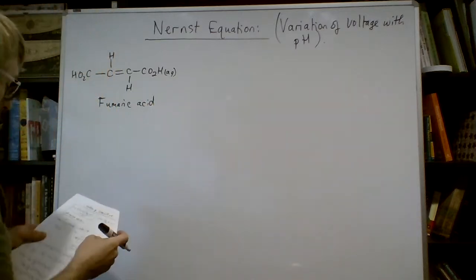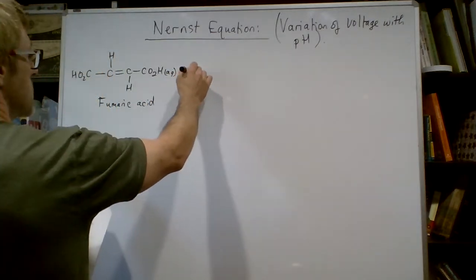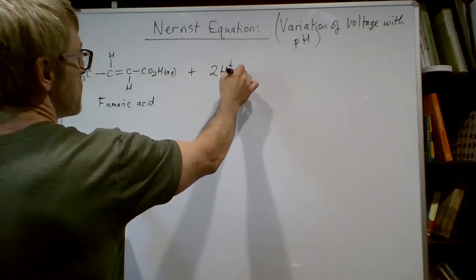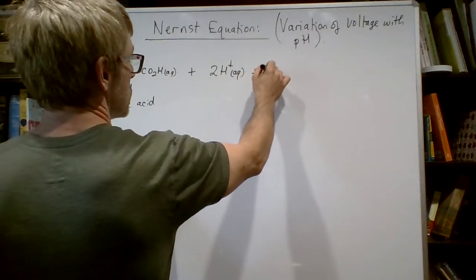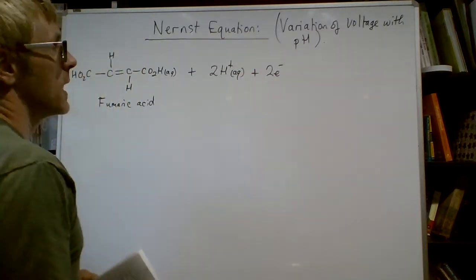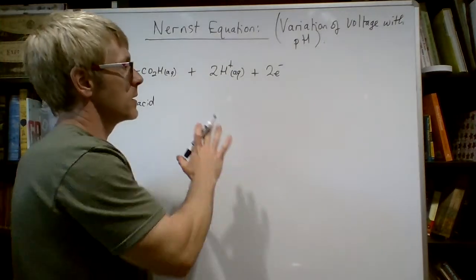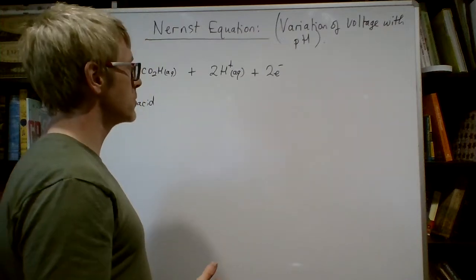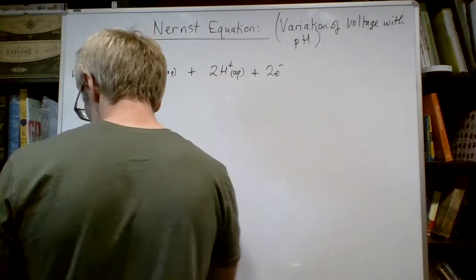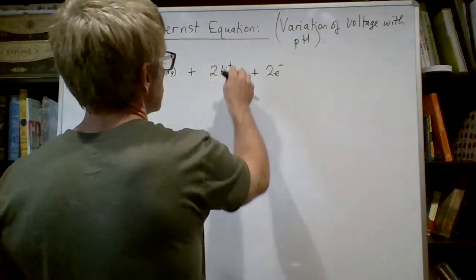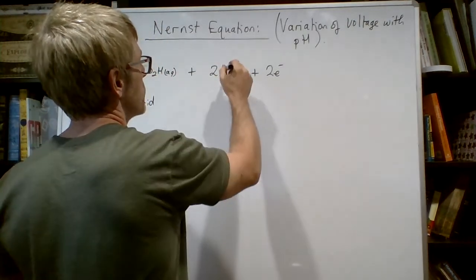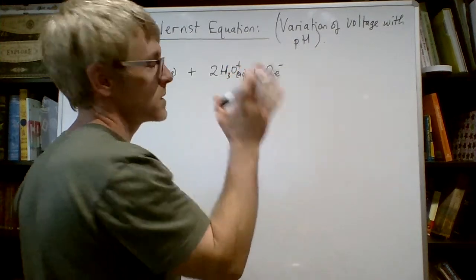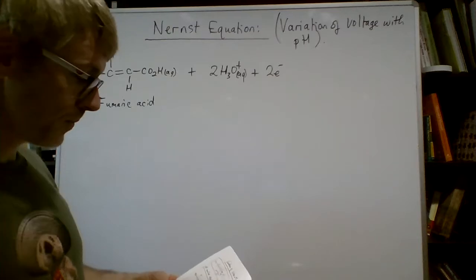We're just going to label it because it's a biological process. So fumaric acid with 2 protons and 2 electrons. And if you, like me, know that really you should write hydronium ion, feel free to do that. If you don't like 2 protons, we can always write 2 hydronium ions, that's fine. You can always just add the water after the fact if you like.